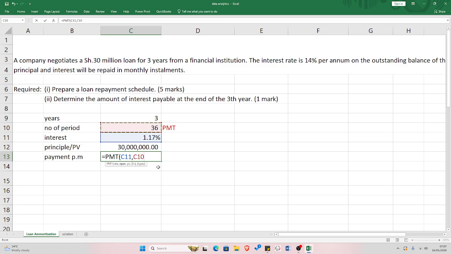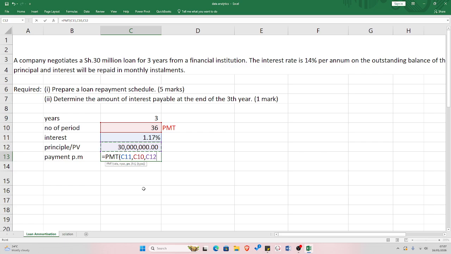Click on where the NPER is, which is C10. Then it will ask you for the present value, which is 30 million. After that, we have the future value and also the type. We're going to talk about where to use those in other situations.